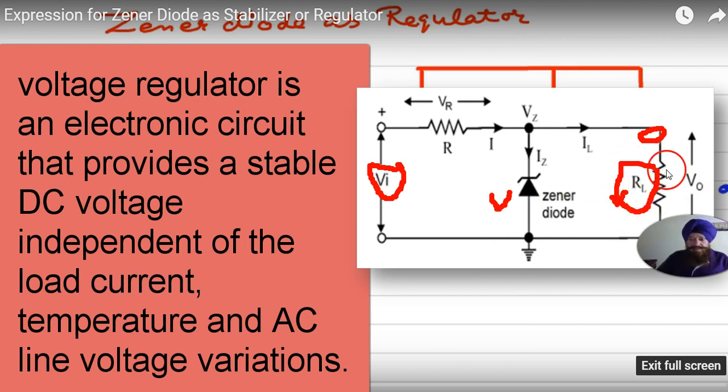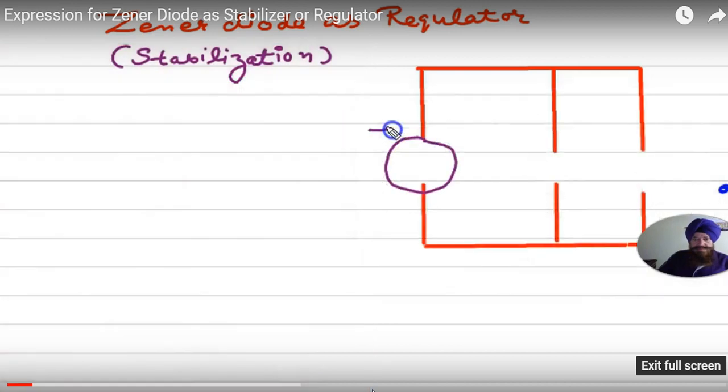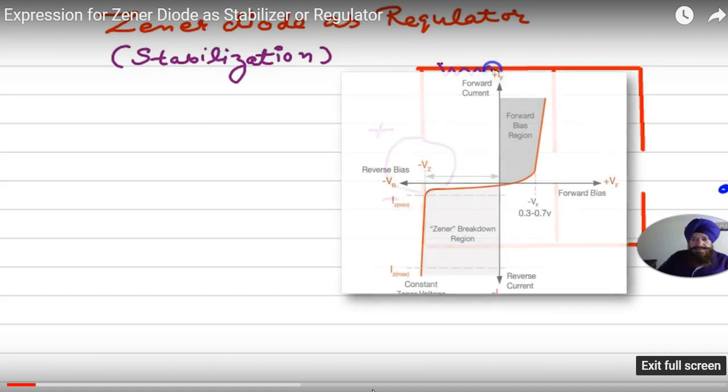As well, there should not be change in the output voltage if there is any variation in the input voltage, or if there is any variation in the temperature. So this is the meaning of the regulator. This is a supply.